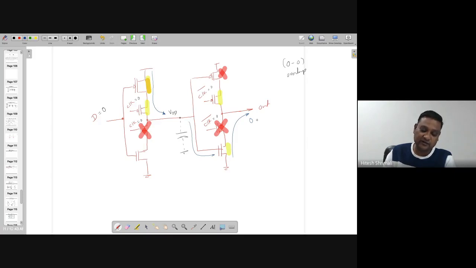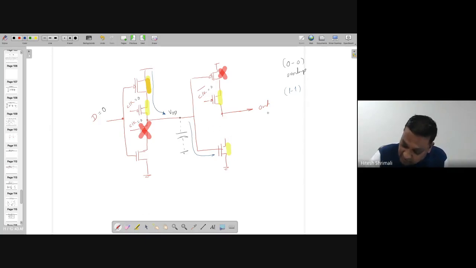Similarly, you can take the case of a 1-1 overlap; it will be the reverse of what we have done, so the upper part will be closed, and accordingly you will have the output. If an overlap is there, one side is not going to affect it. Sorry, there is one mistake over here: the output is the previous one.